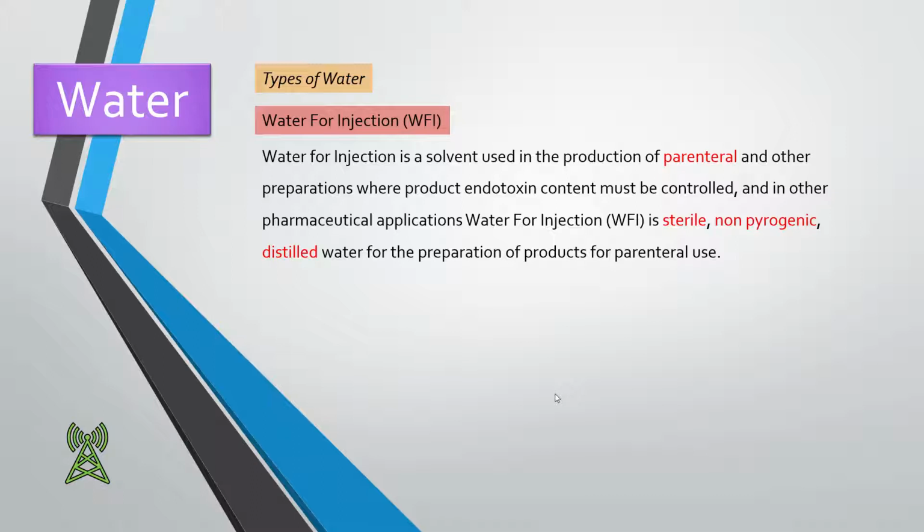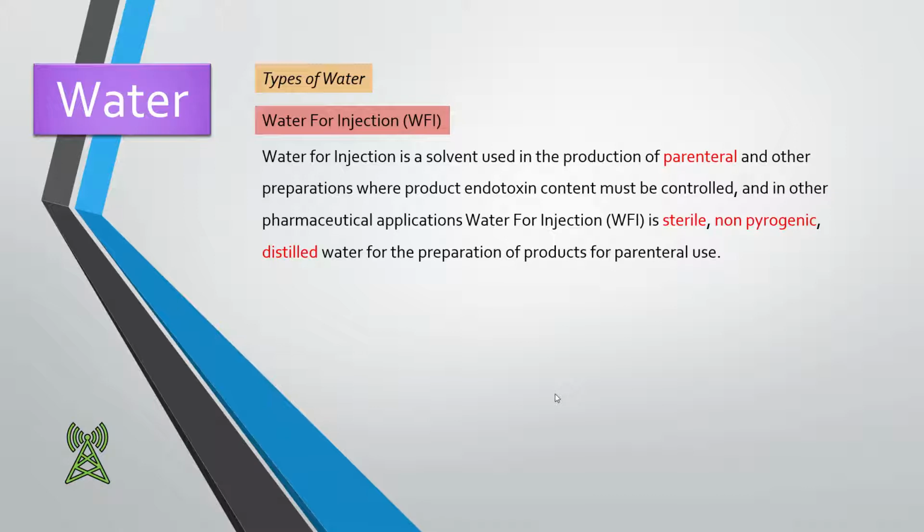Sterility and pyrogenicity you have already studied in many subjects in your different semesters before this industrial pharmacy. The concept of sterility you have studied in microbiology, and pyrogenic substances also in microbiology.